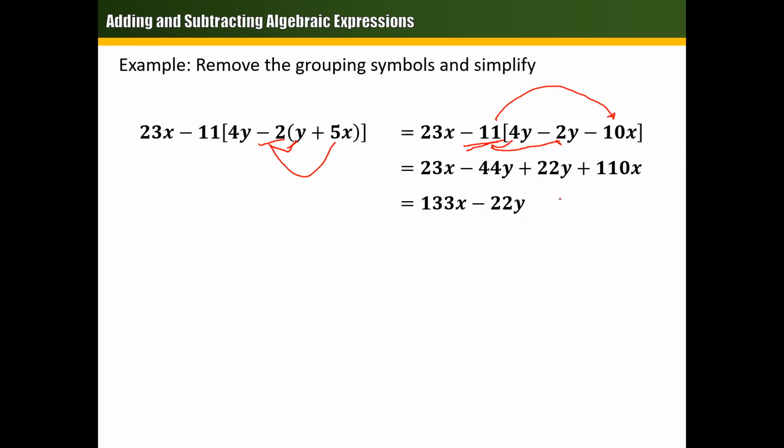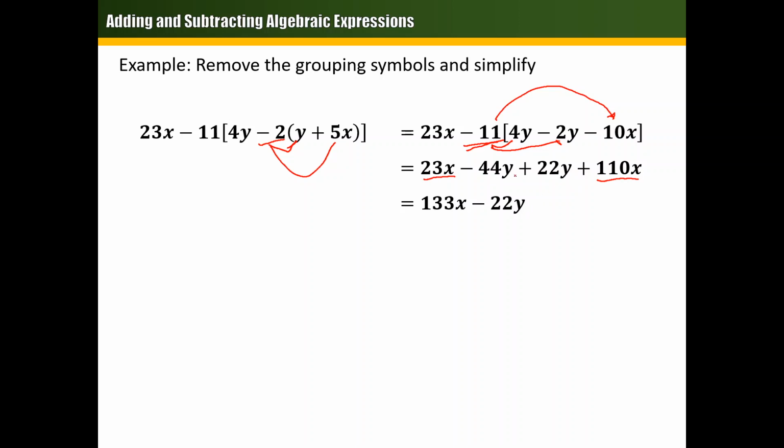And then what we're going to do is simplify na lang itong nandito. Now, let's do it. So ano ang similar terms dito sa ating expression? We have 23x. It is similar to 110x. So we get 133x. Negative 44y is similar to 22y.